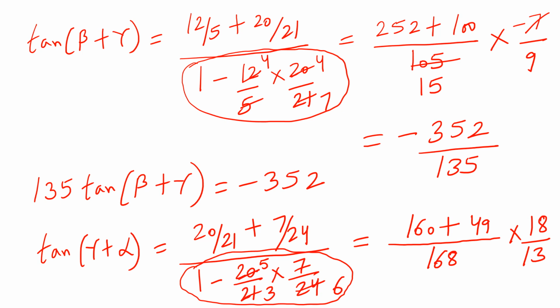Now this becomes 9 over here, and this is 84. Now students, we move further. Now students, this becomes equal to 209 into 9 divided upon 1092.